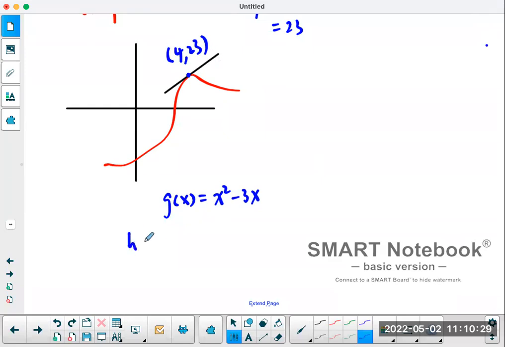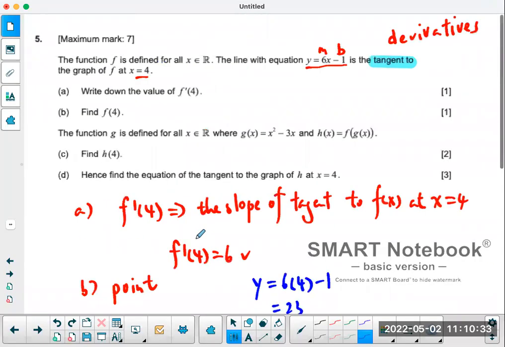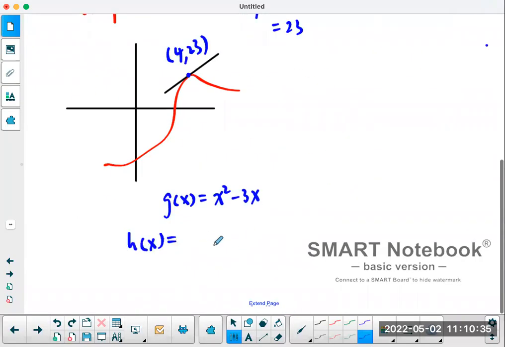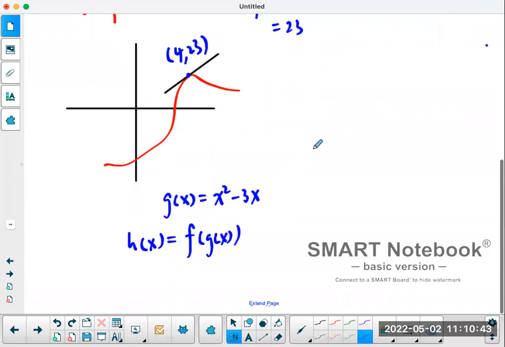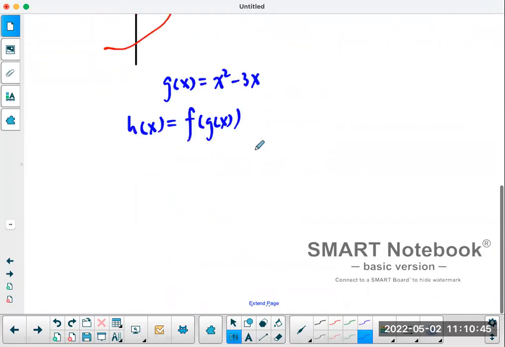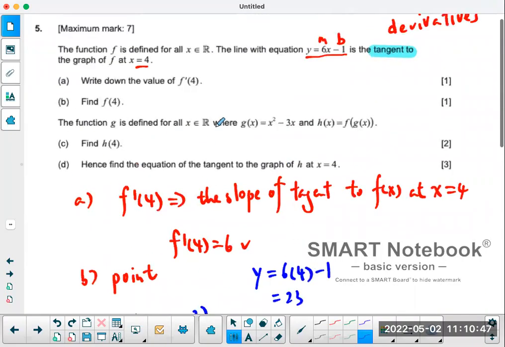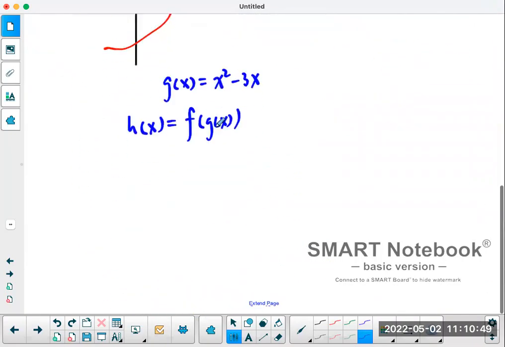And h is equal to, is it f at g or g at f? f at g. So it's a composite function question to see if you understand function notation. Right? f at x, we don't know what it is. But the question didn't ask us for that. They asked for h at 4.